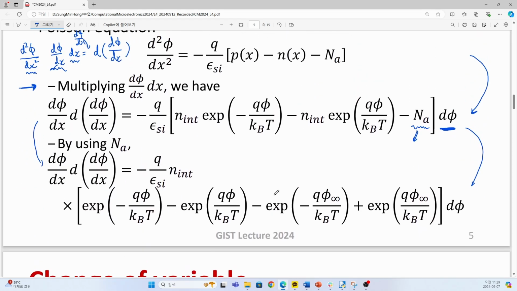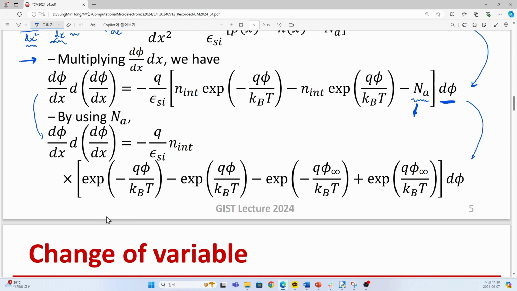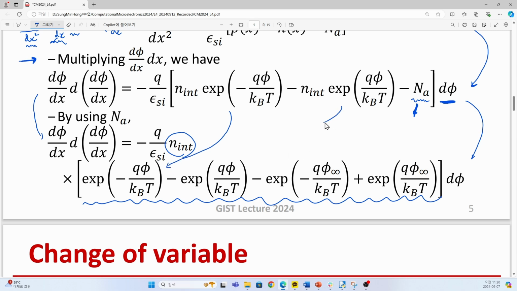After that, combining them all, we can easily make it this way. Here we have a long expression and here intrinsic carrier density. You know that this term is originated from this one, and this one is originated from this one. And how about these third term and last term? They are coming from the expression for our NA.